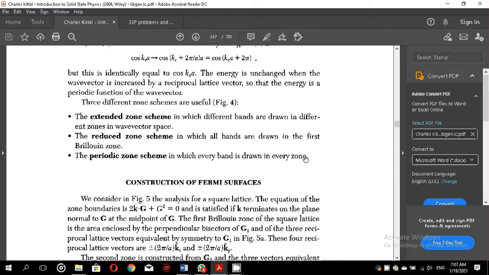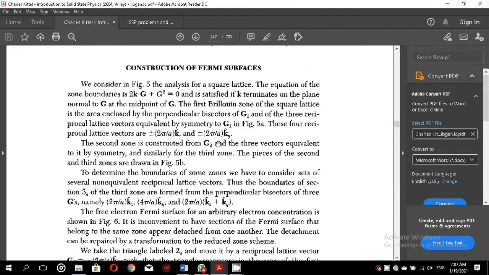You know what a Fermi surface is, and once we understand that Fermi surfaces are so important in predicting the properties of a given solid, we got to know how we can construct the Fermi surfaces. So let me go through this description over here.